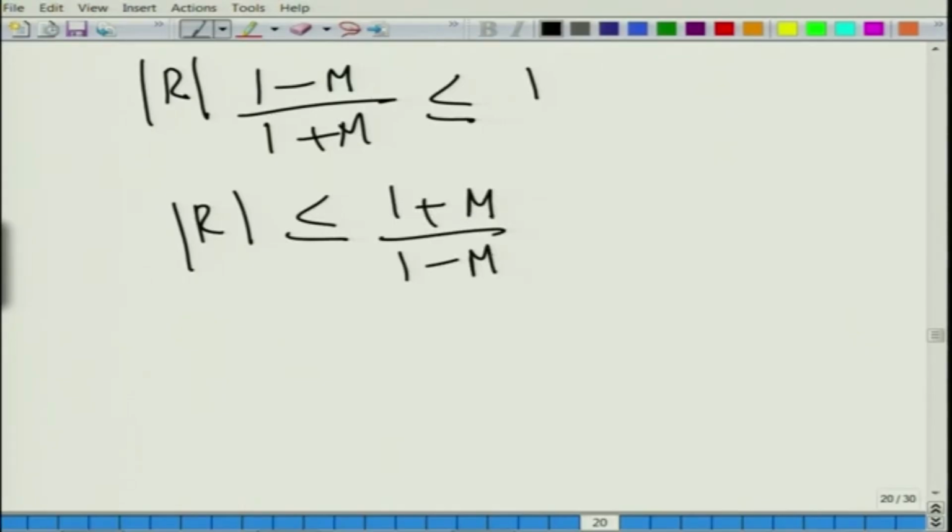So, the magnitude of the reflection coefficient is less than or equal to 1 plus m divided by 1 minus m. So, basically m, like I said, is positive. So, in presence of a non-zero mean flow or non-zero Mach number, although small, the reflection coefficient can be greater than 1, because the denominator is less than 1.